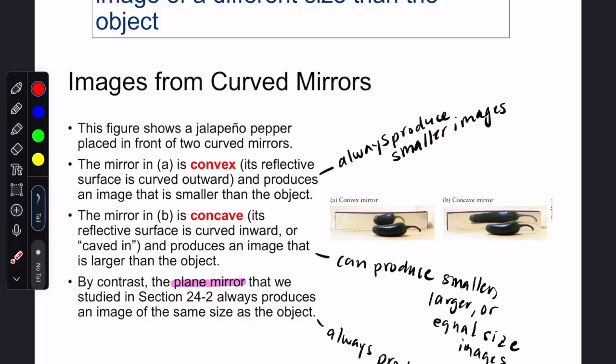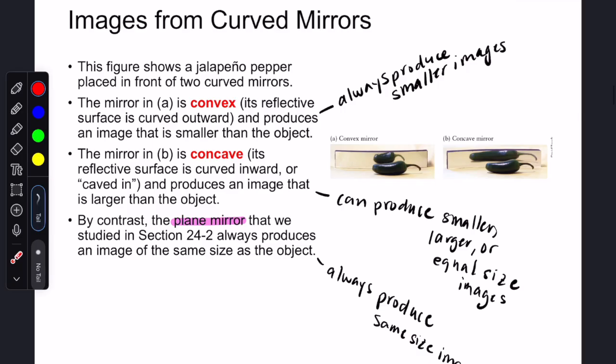That's why with cosmetic mirrors that are concave, you have to be real close to see the magnification of your skin, right? You can't do it from far away. It doesn't work. So we're going to explore that. Plane mirrors will always produce same-sized images. Okay, so there are some general statements we can make about these mirrors.